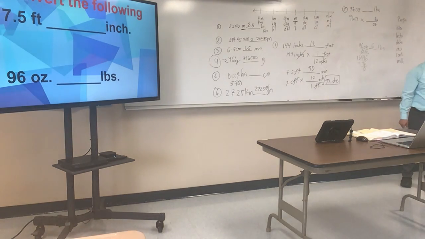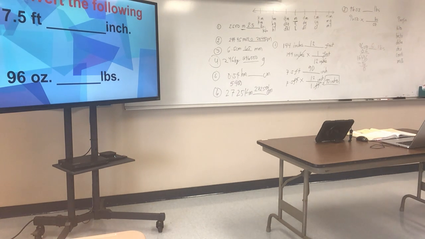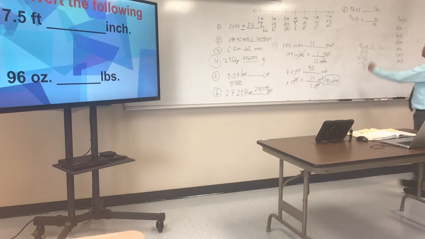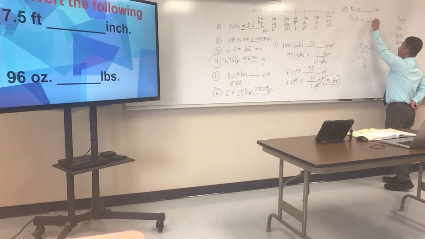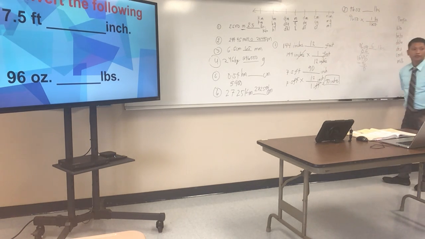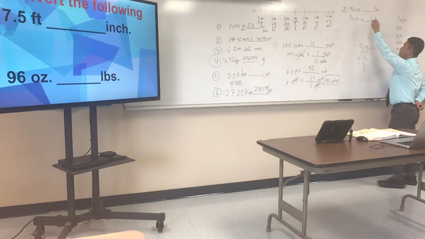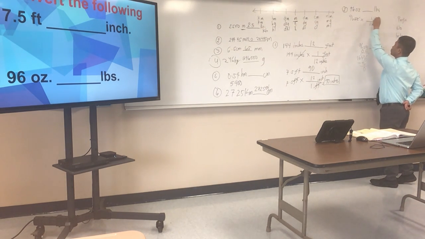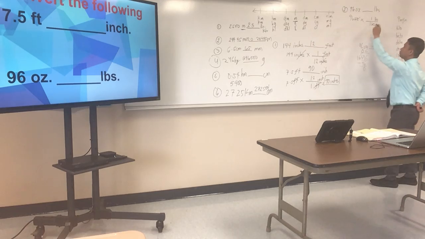And here we have pounds. Okay, what's the conversion for pounds and ounces? 16 ounces to 1 pound. Okay, 1 pound is equivalent to 16, right? Then you just cancel. So what we have is 96 times 1 divided by 16.